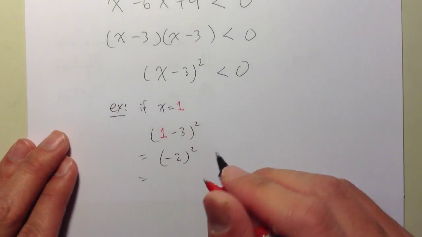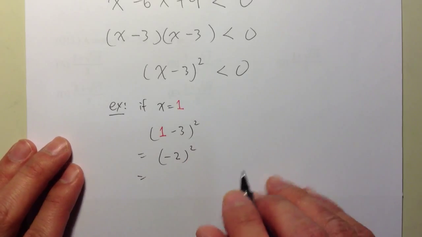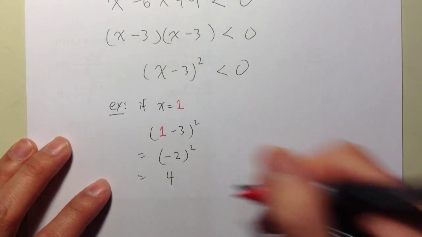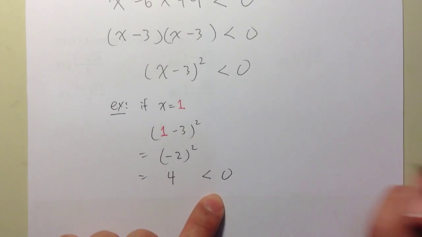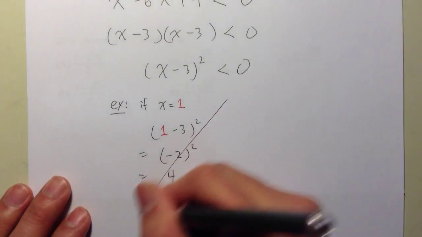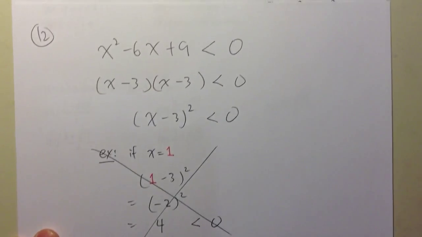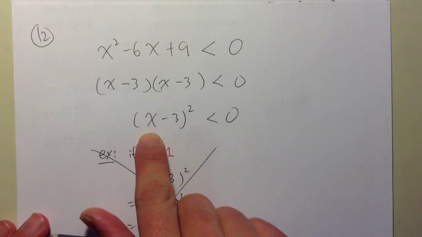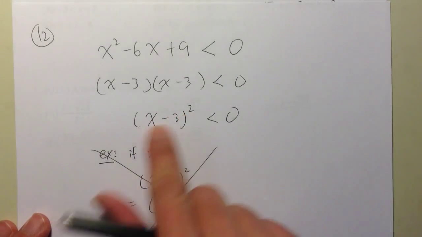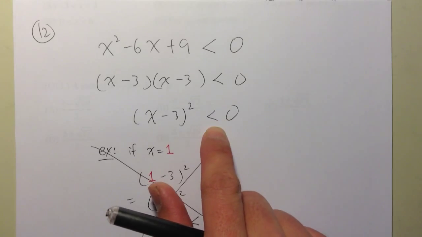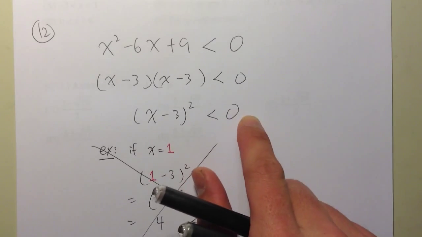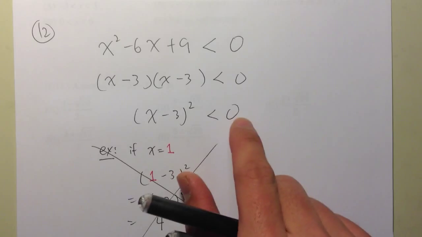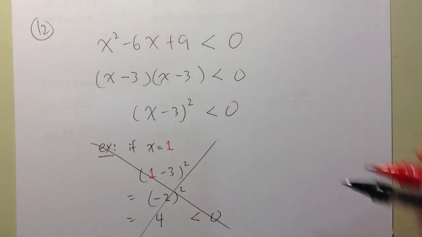Negative 2 squared is negative 2 times negative 2, which is positive 4. Is this true? 4 is less than 0. Not true. In fact, regardless of which number you put in for x, a square number is never less than 0. A square number can never be negative.